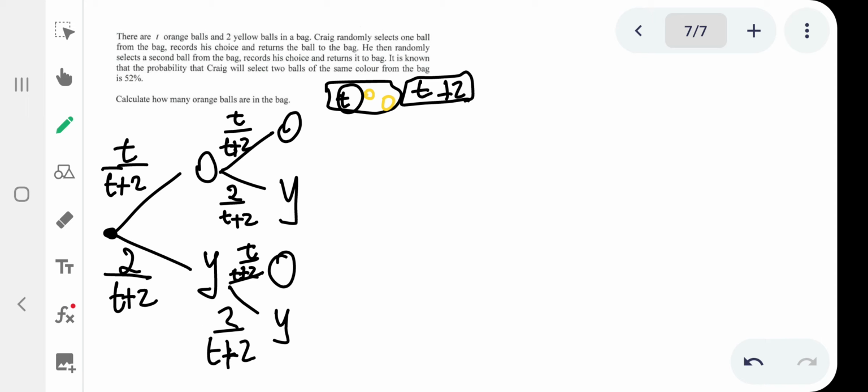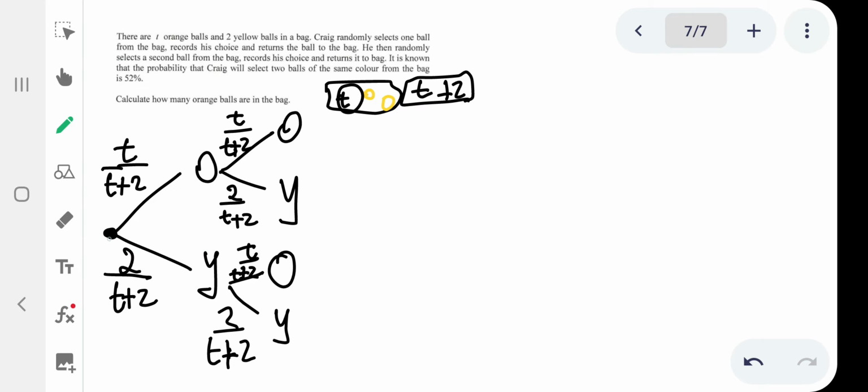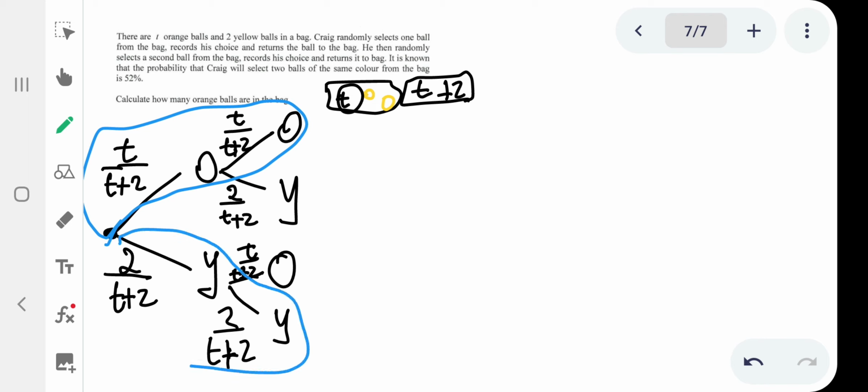All right, so what is the probability that Craig will select 2 balls of the same color? So 2 balls of the same color, it's either an orange and an orange, or a yellow and a yellow, and that is 52%, right?